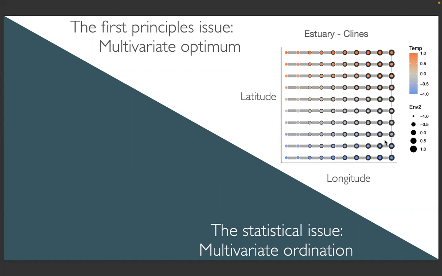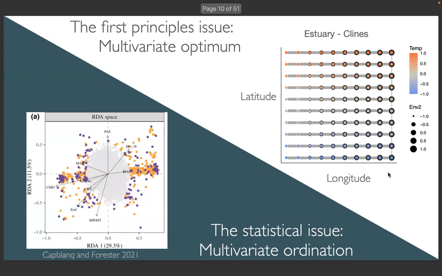These demes are arranged on a landscape in a grid, and these gray lines show the pathways of migration. This is an estuary landscape where there's high migration within estuaries and lower migration between estuaries. The statistical issue is whether we can use multivariate statistics to infer anything accurately about multivariate adaptation.